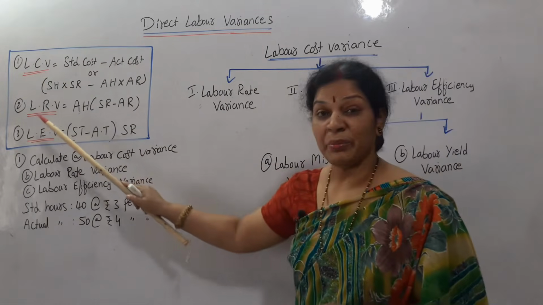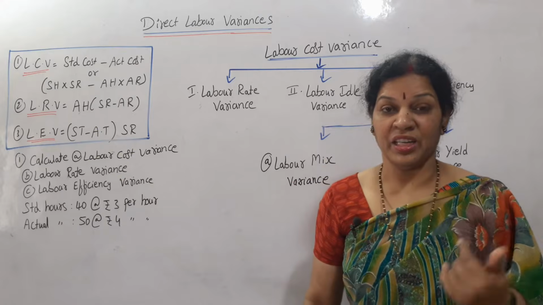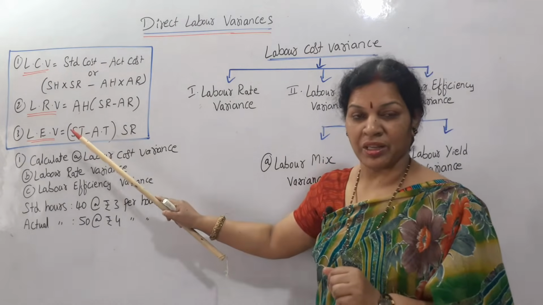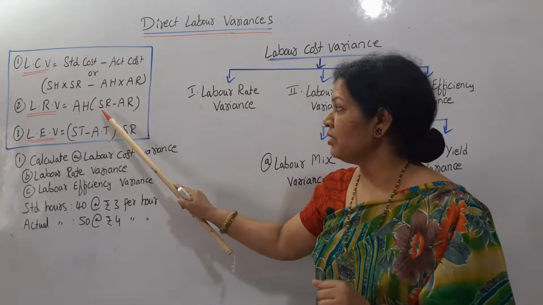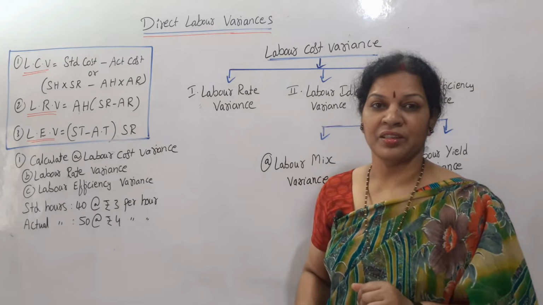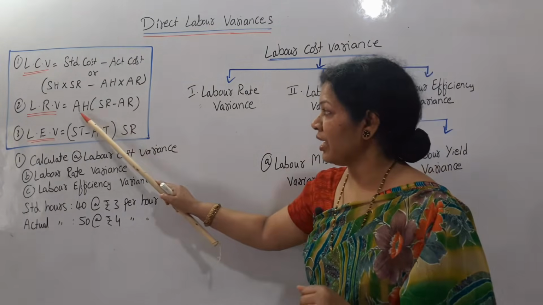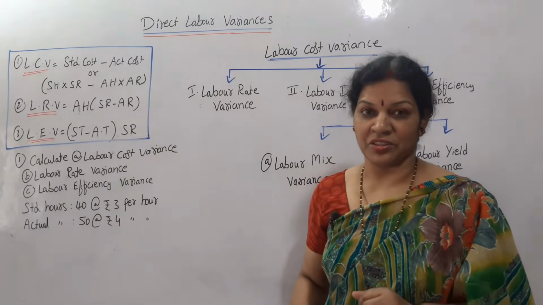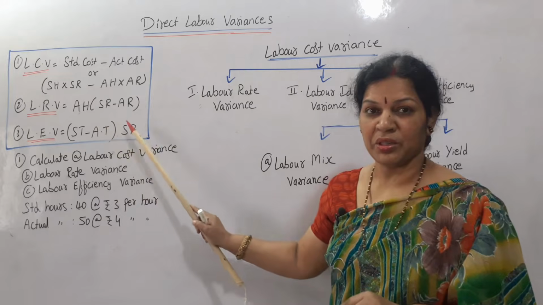Second one is labor rate variance. Labor rate, what is the rate? To know that, we use this formula: actual hours into standard rate minus actual rate. Able to remember?